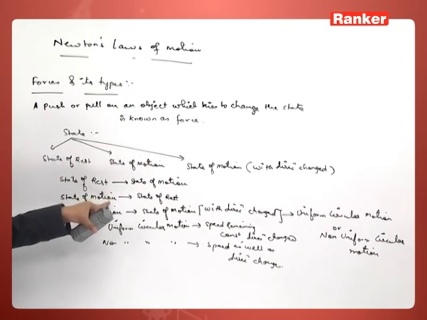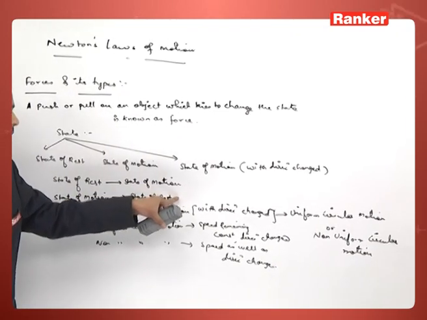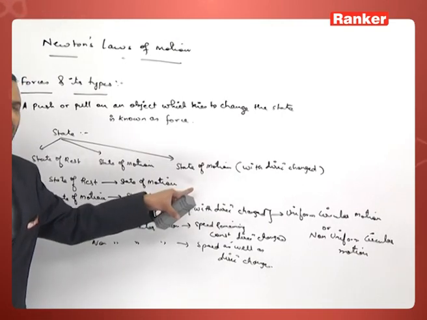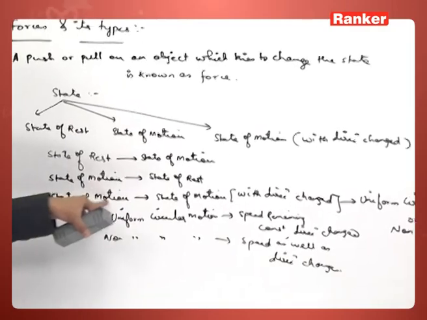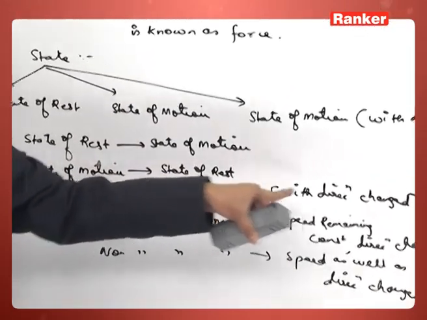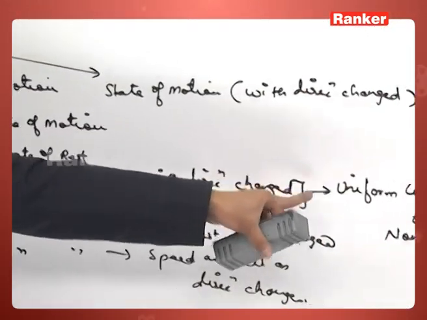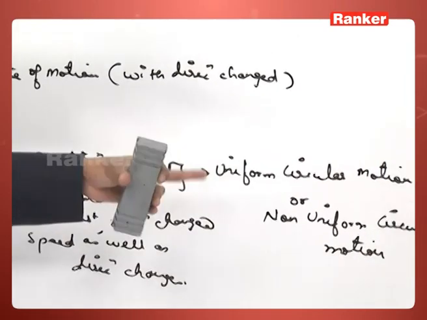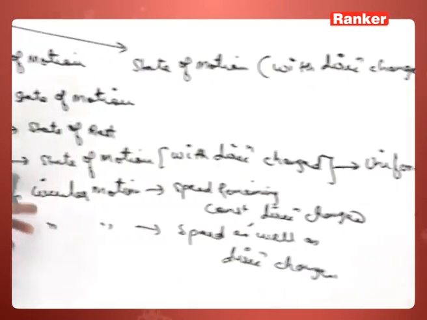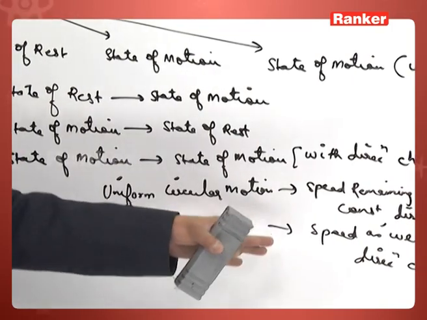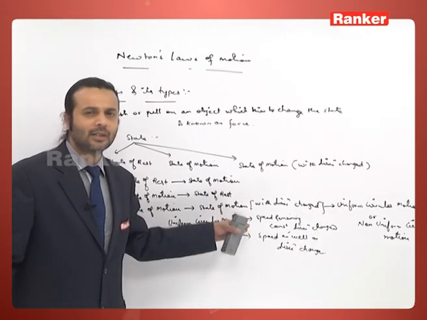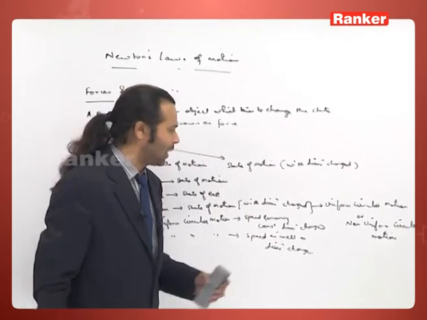Or state of motion to state of rest, again a quantity has to be there, either a push or a pull on an object, known as force. And state of motion to state of motion with direction changed, we can say either uniform circular motion or non-uniform circular motion, which we will discuss in later chapters.